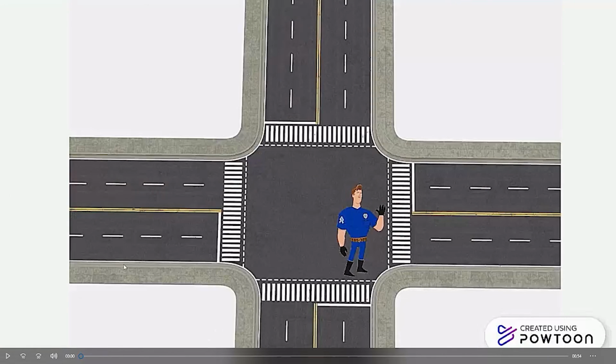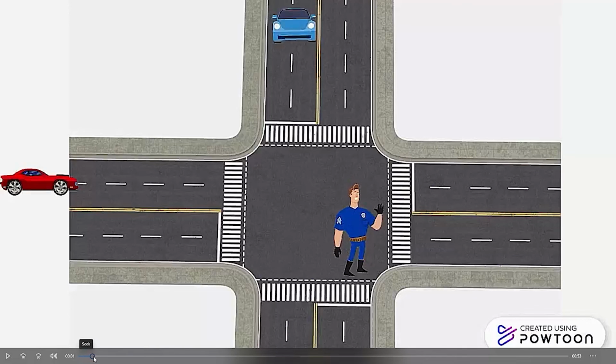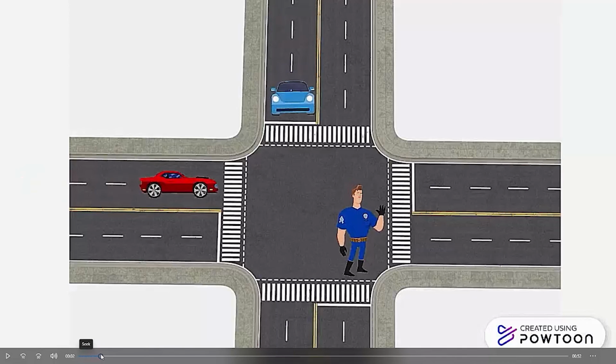Over here we can see that there's a four-way junction, and currently there's no traffic. There's an issue and the traffic light is not working, so that's why we have a police traffic officer here looking after the traffic. As you can see, we have two processors, or in this case two cars, coming to the junction. Now when we apply mutual exclusion, the police officer is going to decide which car passes, and he won't let both cars pass at the same time.